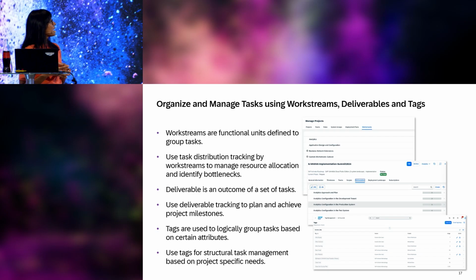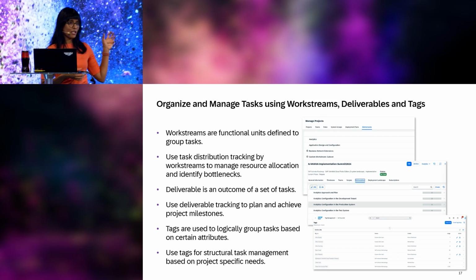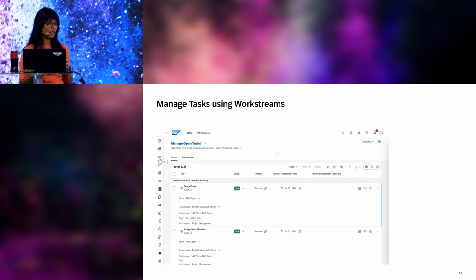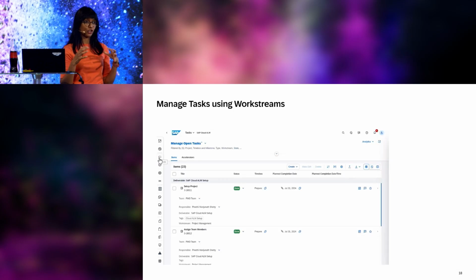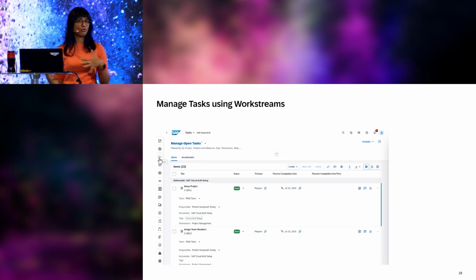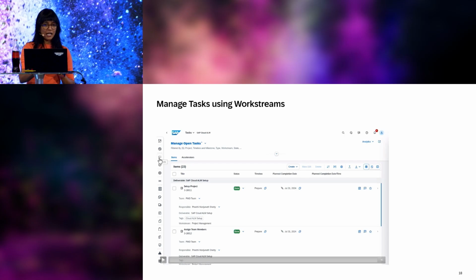And one of the standard features that is available is using the work streams. So these are like the functional units that you can leverage already. By default, there are some available, but you can also create some based on your own requirement of the project and start grouping the tasks by using these work streams.